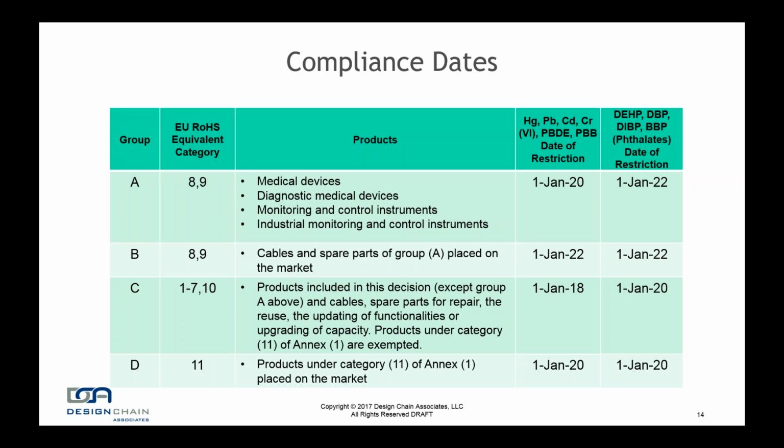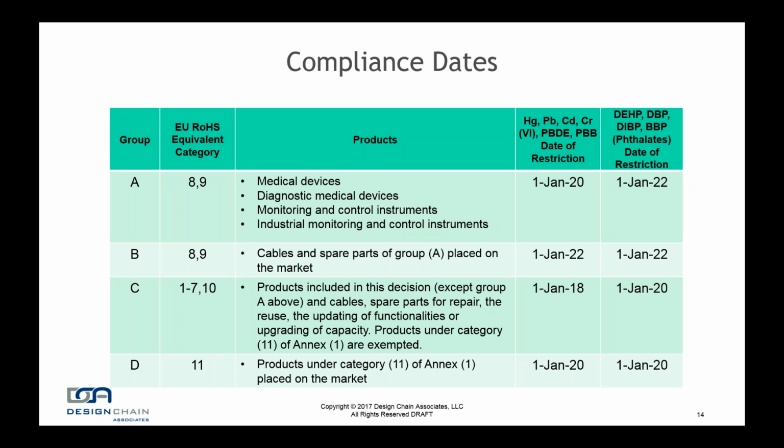Group C, the RoHS equivalent categories, are the original RoHS categories 1 through 7 and 10. And all the products in this category, cables and spare parts for repair, come into force next January. So this is the group that is under the gun right now.